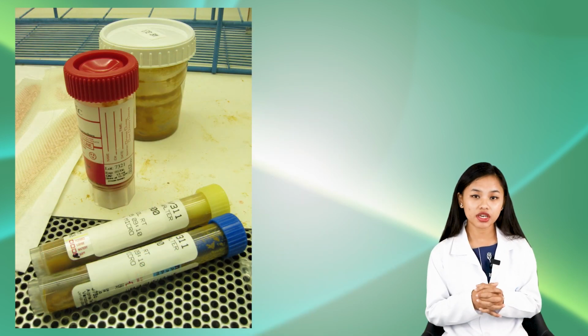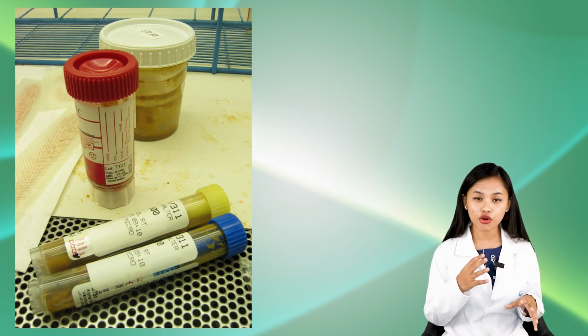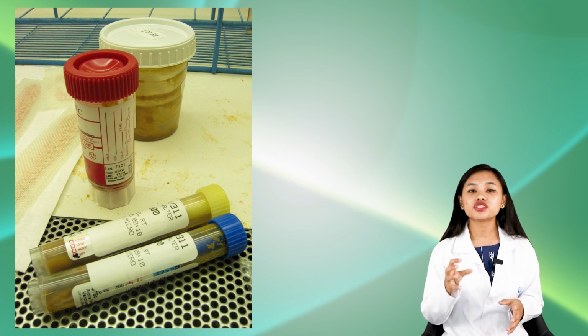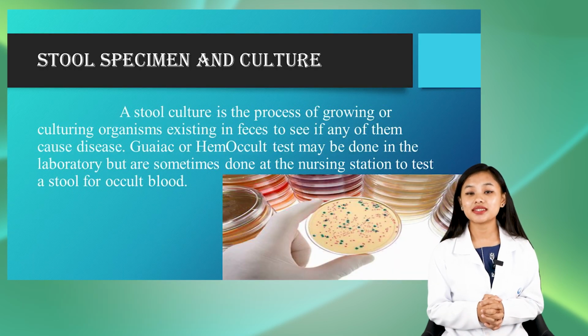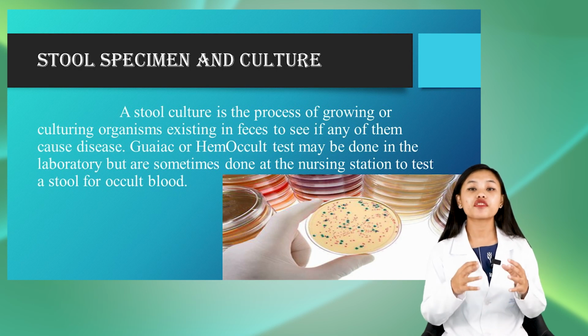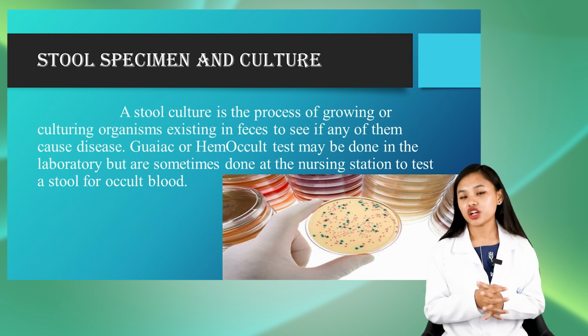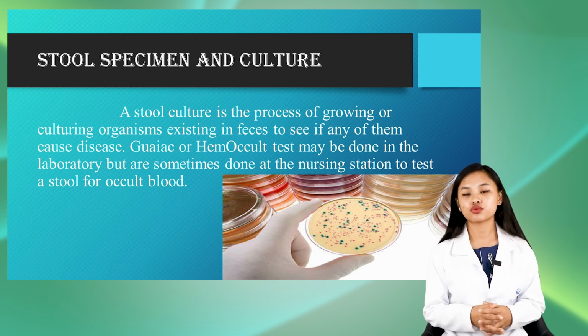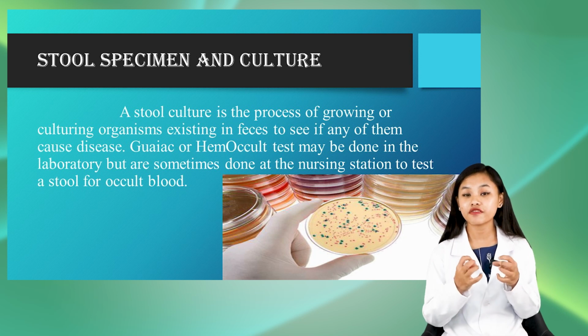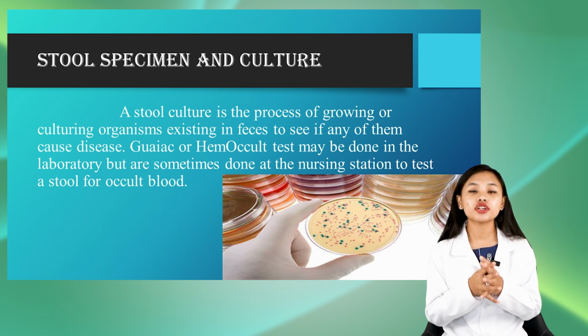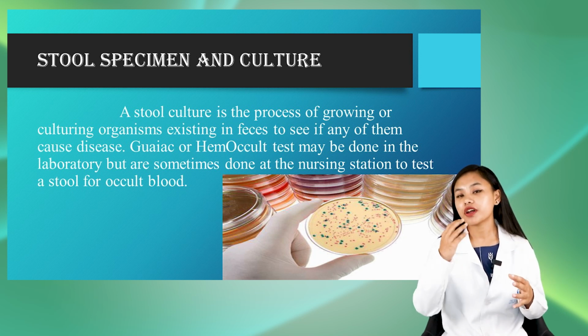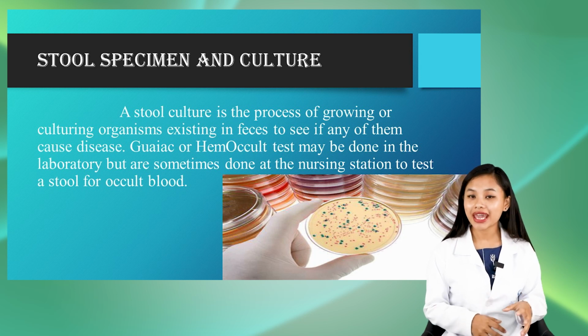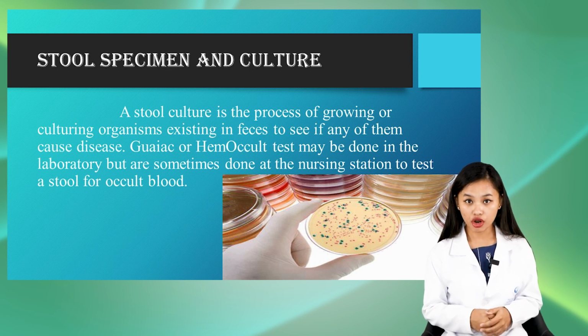The next one is the stool specimen or culture. This stool culture is the process of growing or culturing the organisms which are present in the feces in order to find out if they are causing any diseases or not.